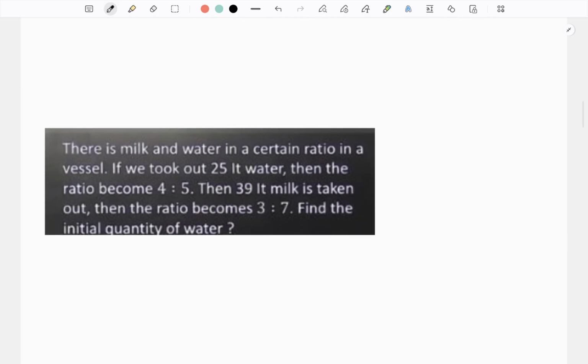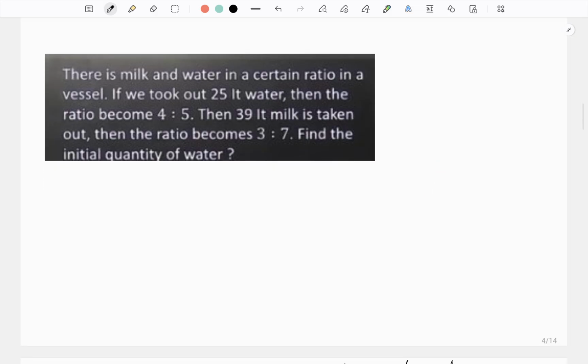There is milk and water in a certain ratio in a vessel. If we took out 25 liters of water, then the ratio becomes 4:5. Then 39 liters of milk is taken out, and the ratio becomes 3:7. Find the initial quantity of water.